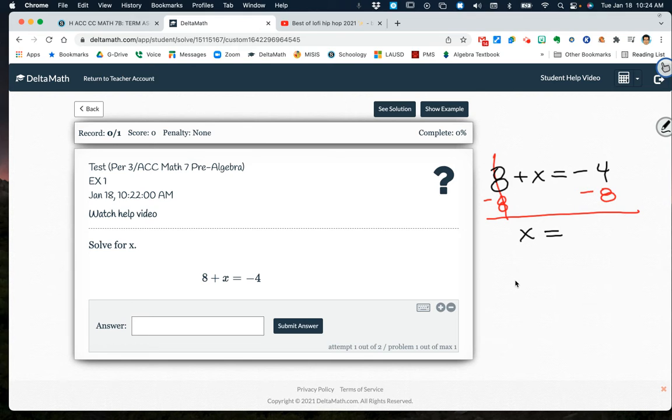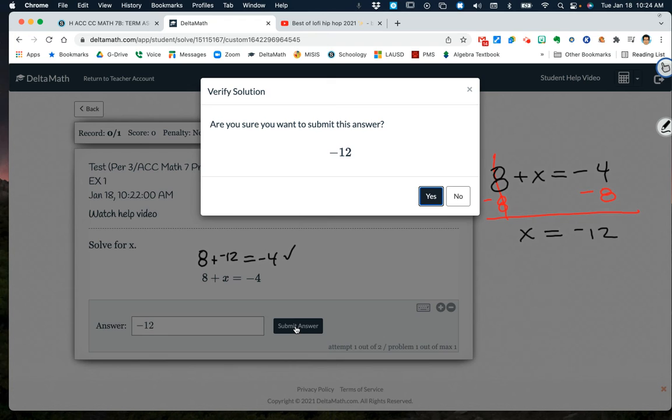Now it's correct. If I do -4 and -8, what does that add up to? I can always check to make sure it works. I could replace x with that number, and it does equal -4. It checks out. So the answer here is -12. Okay? So we just solved our first equation.